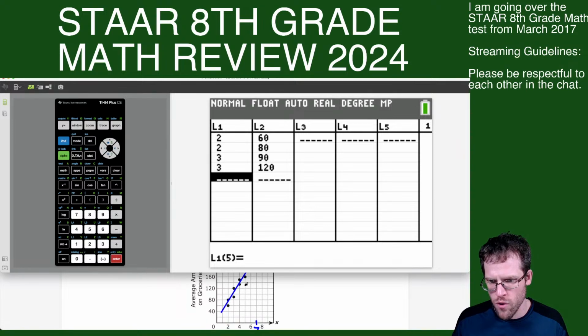The next is 4. This looks like about 140, or 130, maybe 135. So 4 and 135 maybe. It doesn't have to be super exact. And this is 4 and 150, let's say.